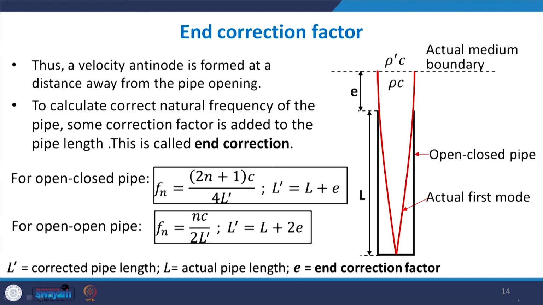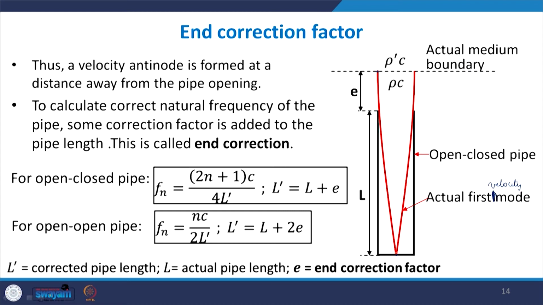While we derive the equation, consider the modes that are formed. Let us say this is the first velocity mode, the shape of the velocity function. At the rigid end it is 0, and then towards the open end it should become maximum, but it actually becomes maximum at a certain length above the actual pipe's open end, a little bit ahead of the opening where the actual medium boundary is.